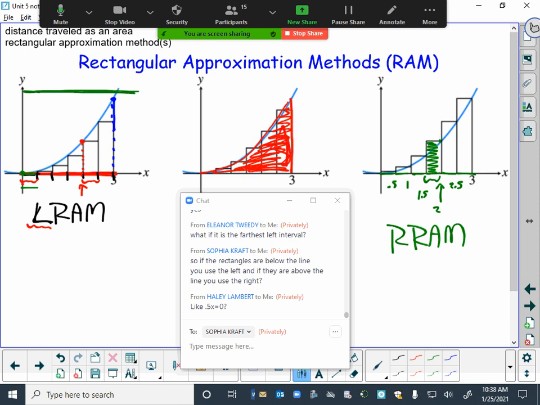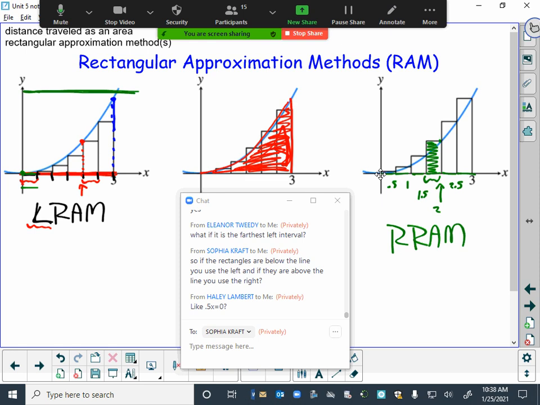And on the left-hand side here with the LRAM, it's saying one way to approximate exactly what that is is to break it up into rectangles and approximate the area of the rectangles by using a height that comes from the x value on the left side of each one of those rectangles. Okay. On the far right over here in our RAM, it's saying, no, approximate it by what's on the right.